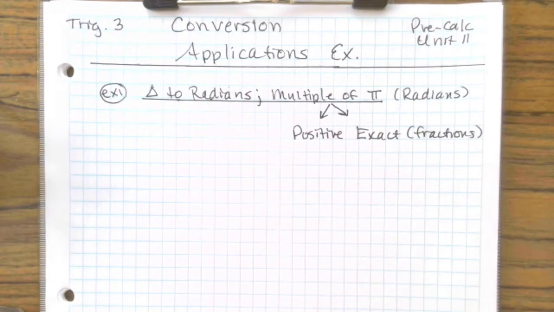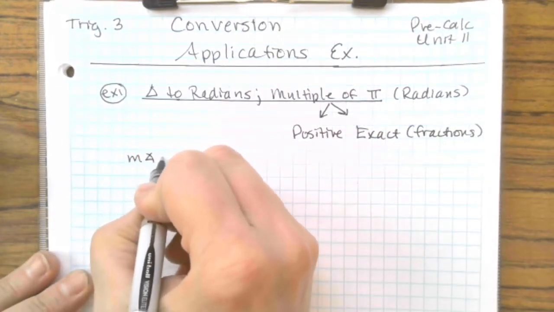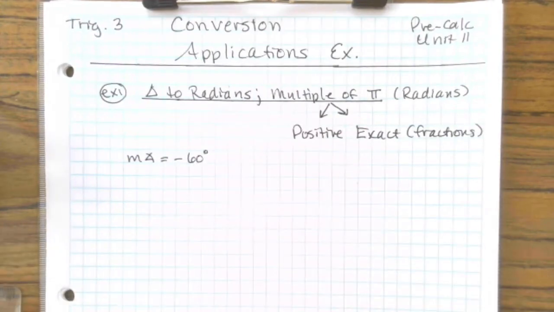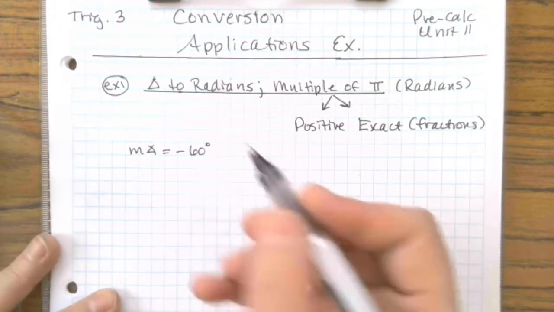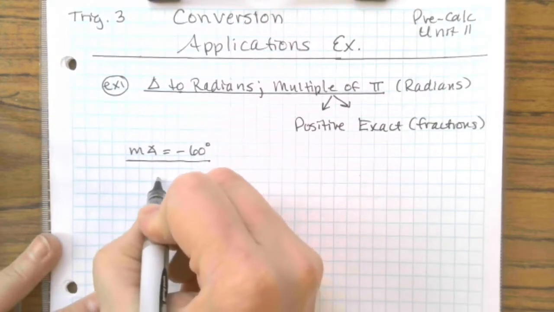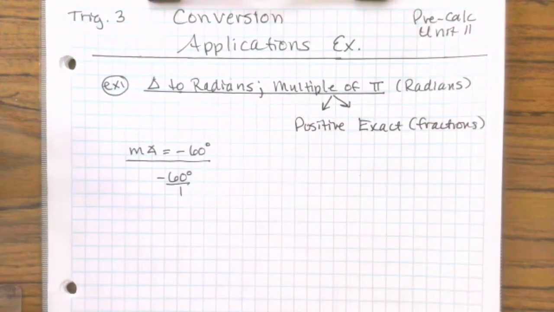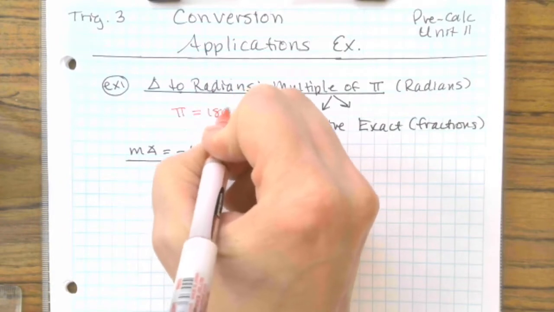All right, so the example we have is, let's see, the measure of an angle equals negative 60 degrees. And we're supposed to change this to a multiple of pi. So first thing we need to do is to change from degrees to radians. Okay, let's do that. So take your negative 60 degrees over 1. We're going to multiply it by our conversion, and we know that pi radians equals 180 degrees.